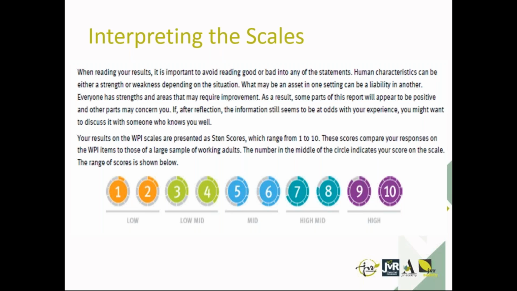Depending on the situation, human characteristics can be either a strength or a weakness. Take risk-taking: in certain situations, high scores would certainly be a strength, if you're an entrepreneur, or in a team focusing largely on innovation.